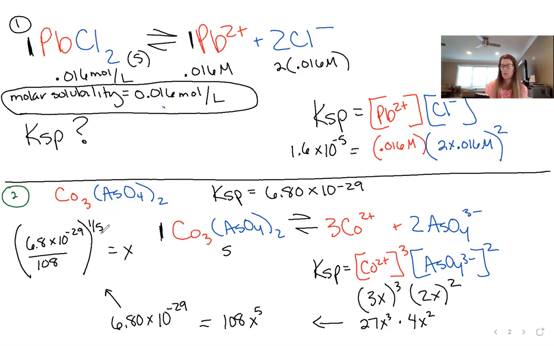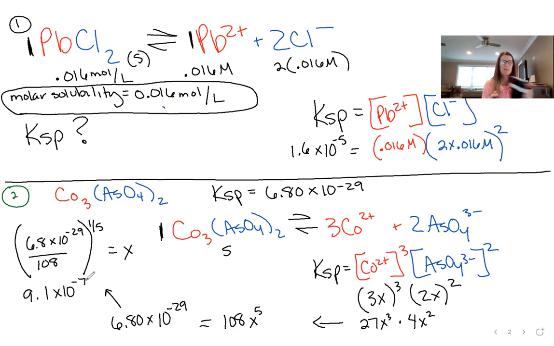Our molar solubility is going to be so ridiculously tiny. I'm going to take that answer and raise it to the 1/5, and what I get is 9.1 times 10 to the negative 7.